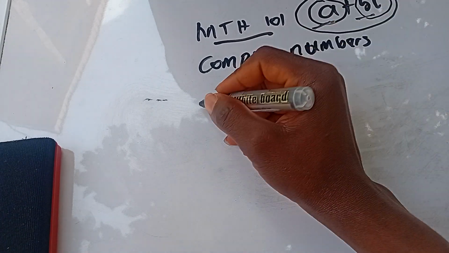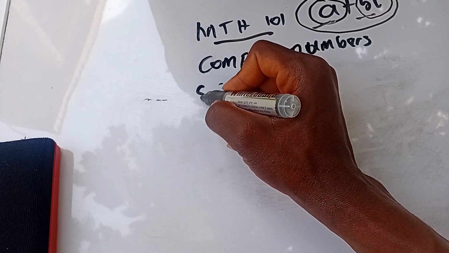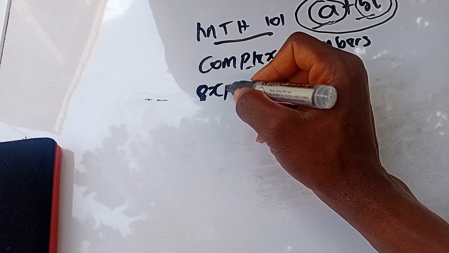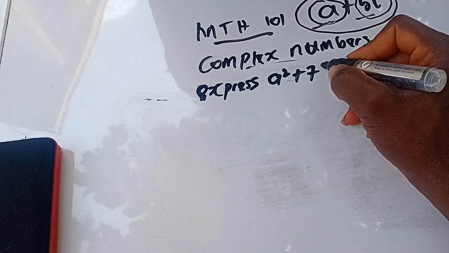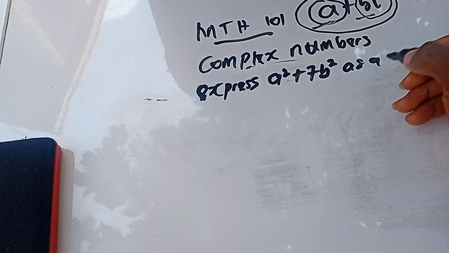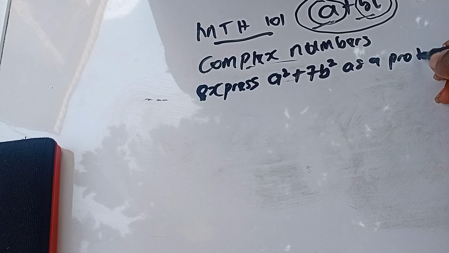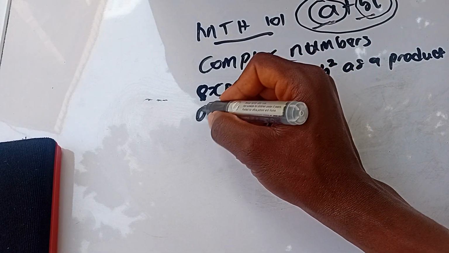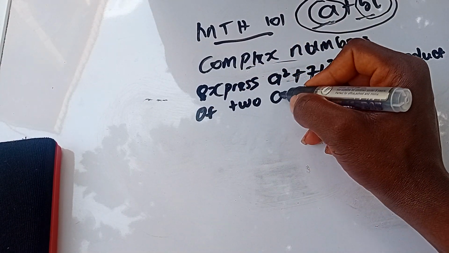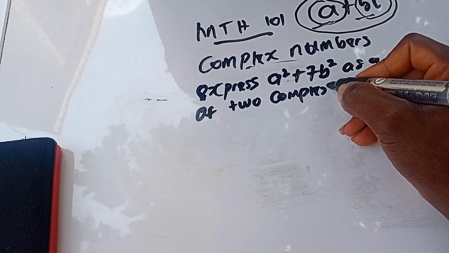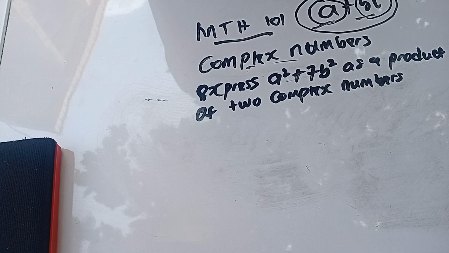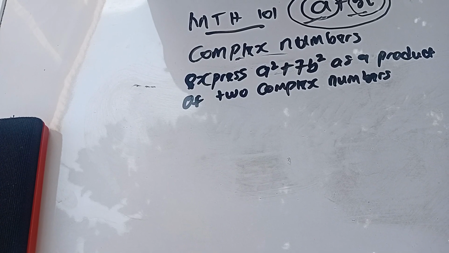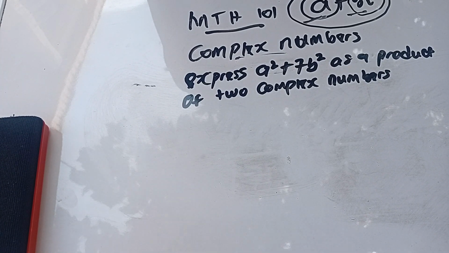We want to express a square plus 7b square as a product of two complex numbers. So we want to express this as a product of two complex numbers.